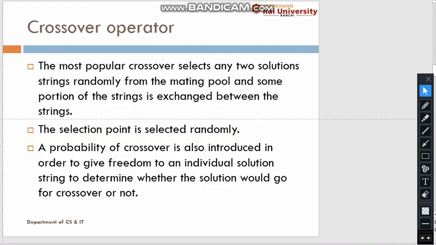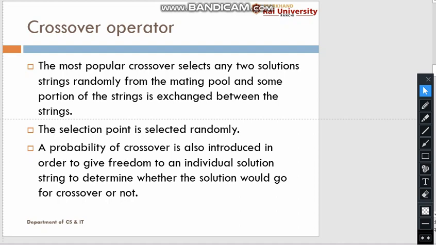Now this crossover operator selects any two solution strings randomly from the matching pool, and some portion of the string is exchanged between both the selected strings. जो भी हमारा इंडिविजुअल है, जो भी हमने सिलेक्ट किया है इंडिविजुअल्स को यूजिंग द सिलेक्शन ऑपरेटर, उसको हम लोग सारे इंडिविजुअल्स को मैटिंग पूल में रखते हैं.